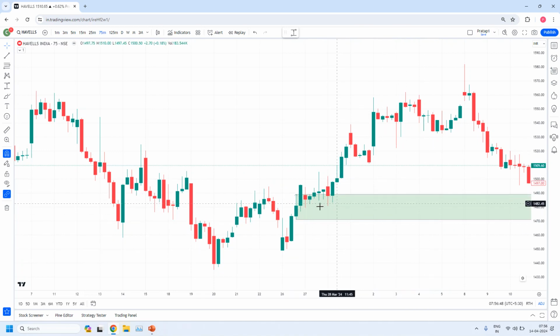But first of all, is there any fine-tuned, fresh zone? That is what you need to identify. So how do you identify? You need to check if there is any 15-minute zone overlapped with this 75 minutes high liquidity zone. So I am changing the time frame to 15 minutes.